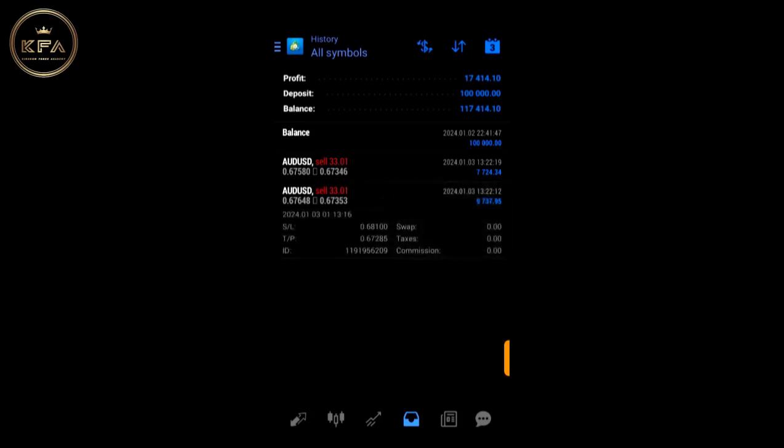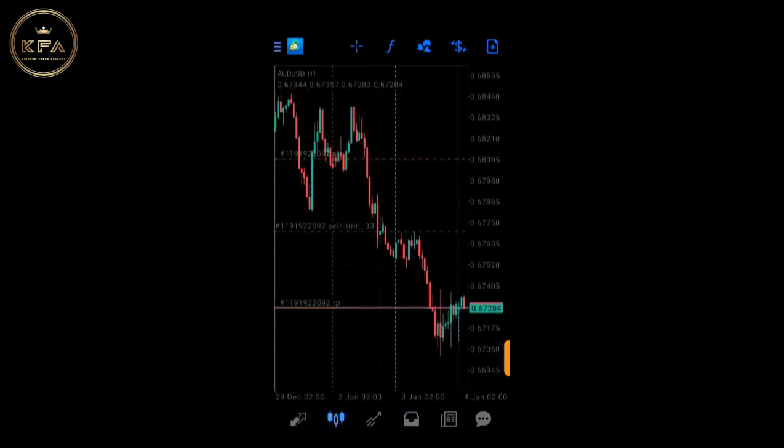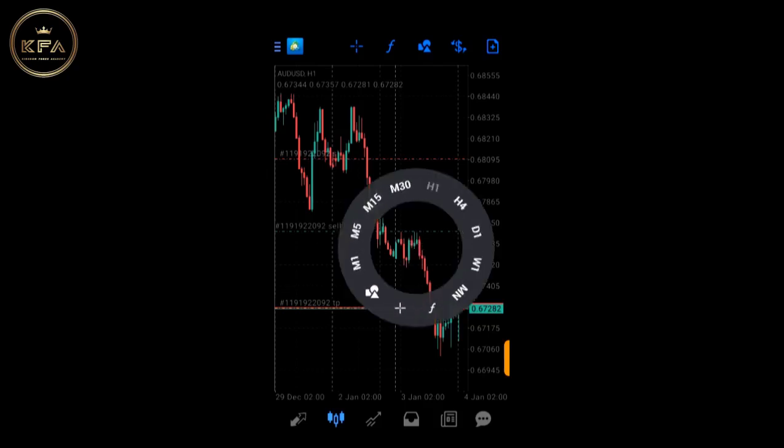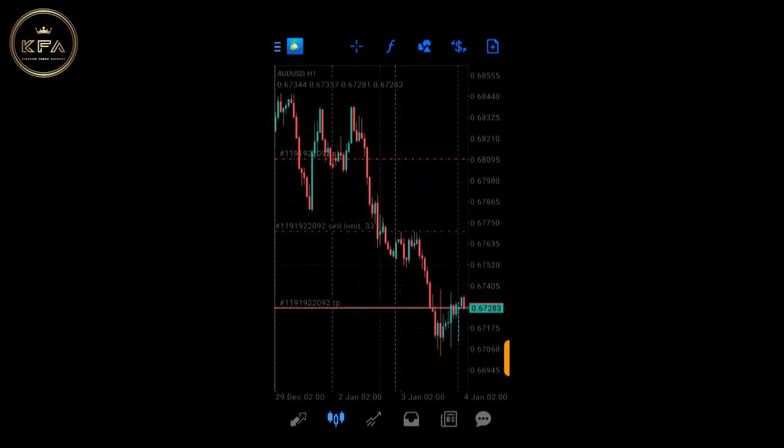I entered this position because I knew there was a pullback. I saw the pullback that was happening because I entered this trade somewhere around here. So when I saw the market pulling back up to this point, I entered another sell position at this point. Then I set a sell limit here, but it didn't get activated. It almost activated, but it didn't.